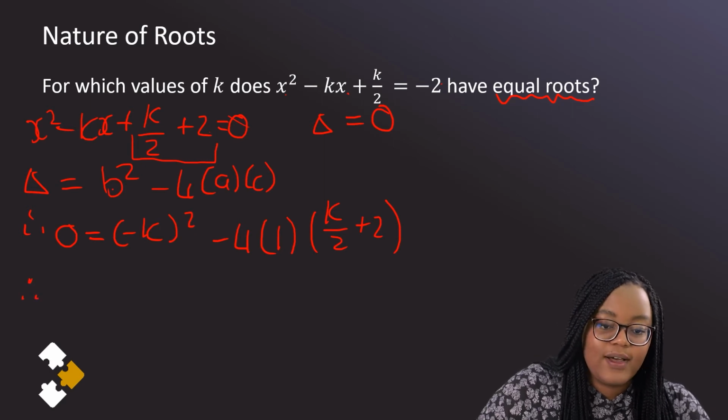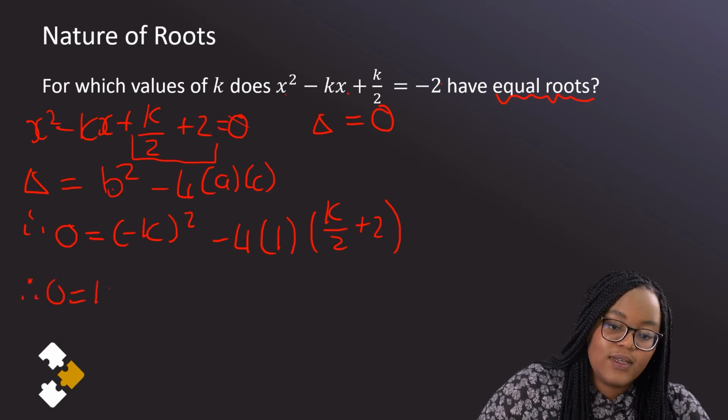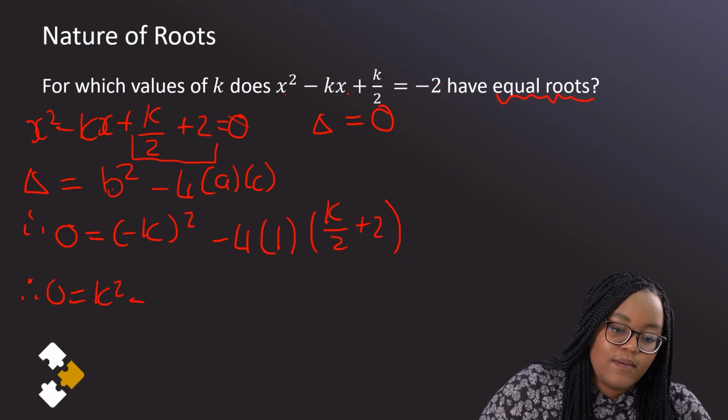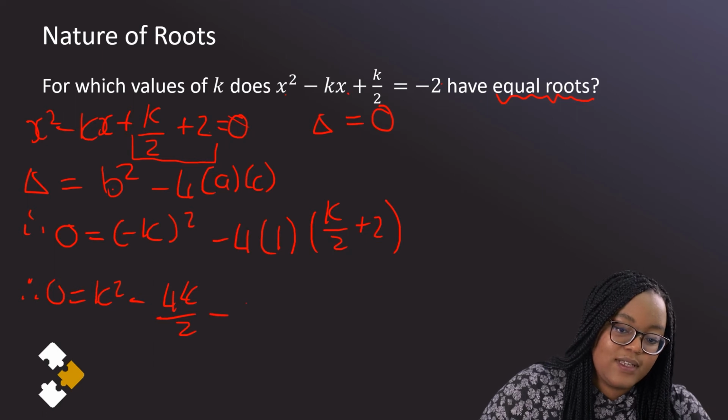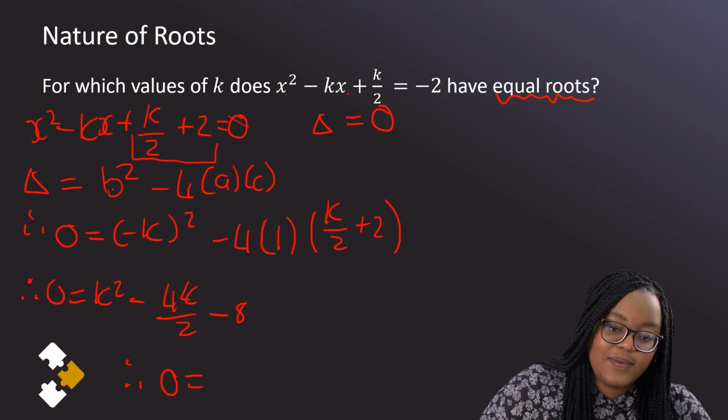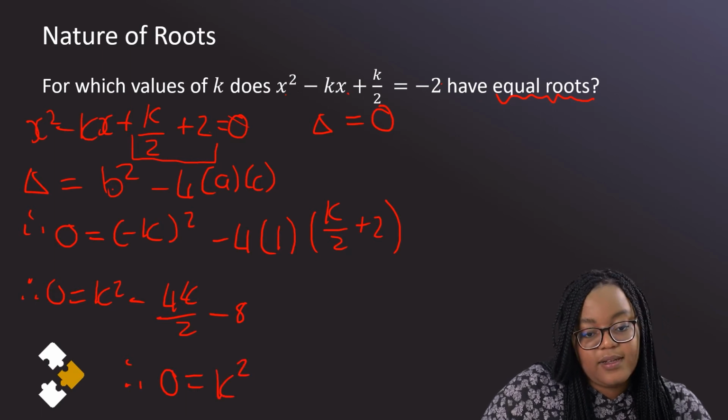Let's solve that out. 0 is equal to k squared minus 4 multiplied by k over 2 is 4k over 2, and 4 multiplied by 2 would give us negative 8. Therefore, 0 has to be equal to k squared minus 2k minus 8.